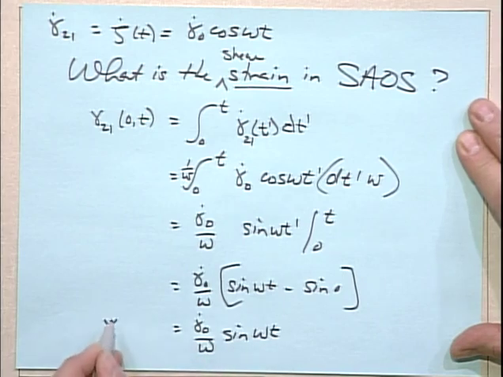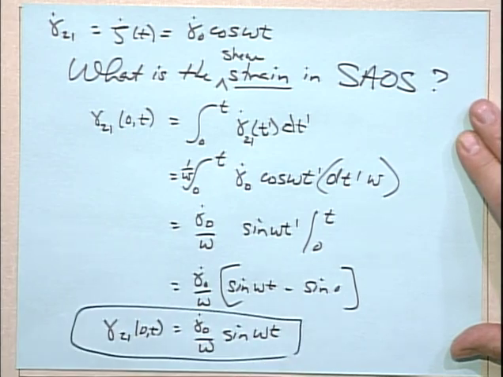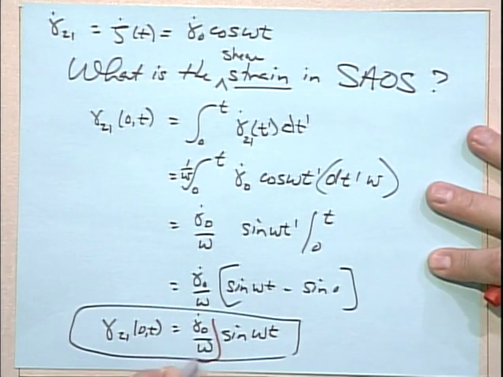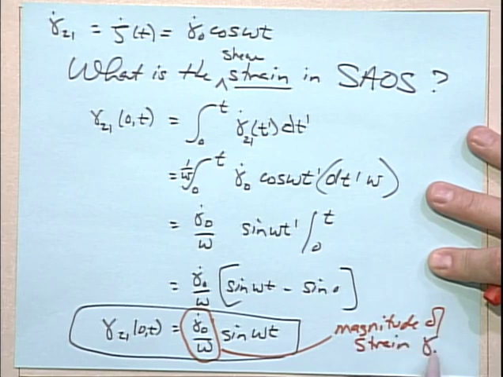So there's our answer. The strain is equal to the sine. This coefficient in the front is the magnitude of the strain. And it's gamma naught again.